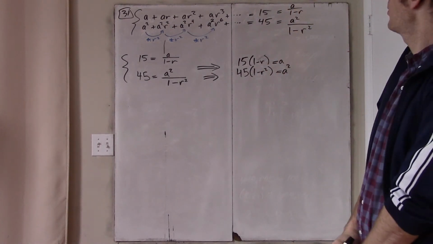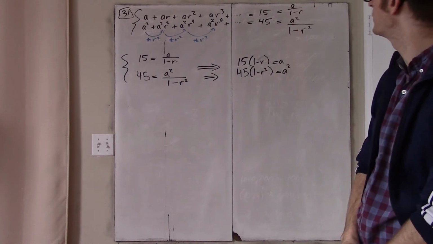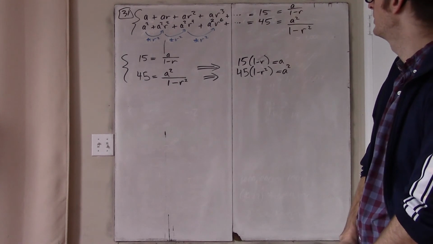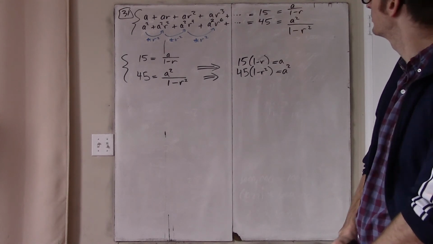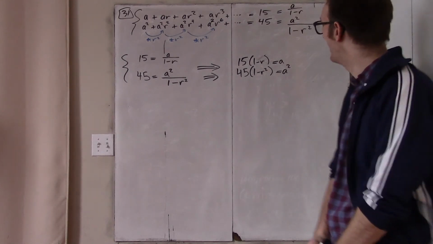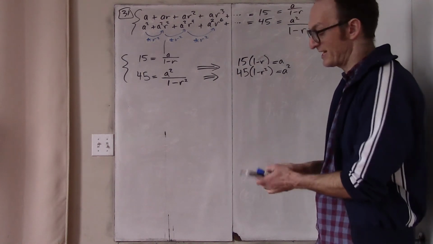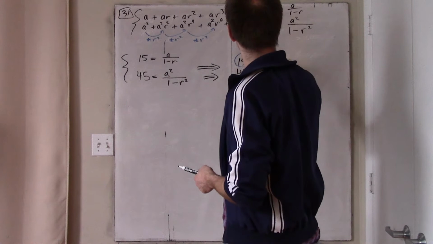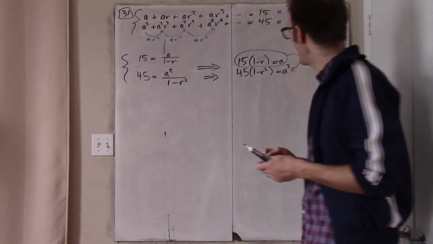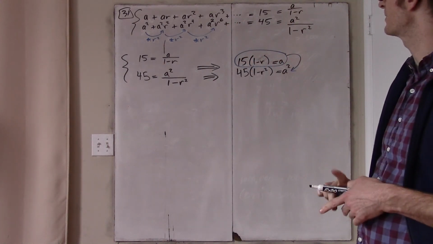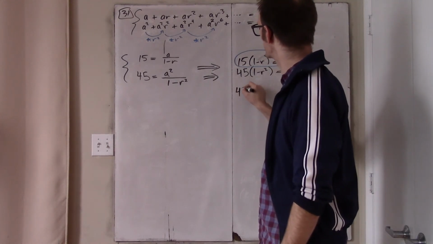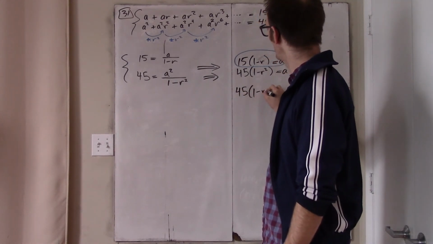Okay, there are so many things we could do now. Maybe the simplest thing to do is just stick this in here, and then be done with it, because then we just have a single equation. Let's just do that. That's not the smoothest, coolest way to do it, but it is a way.